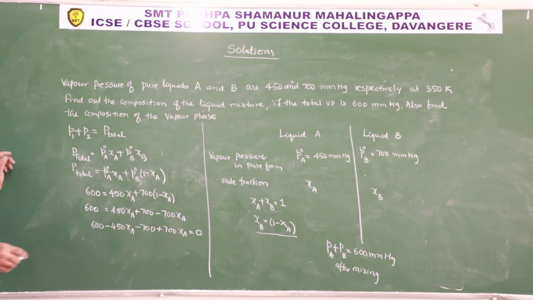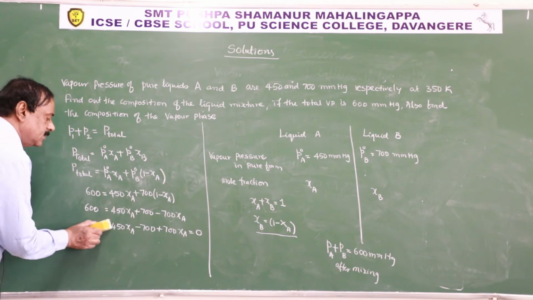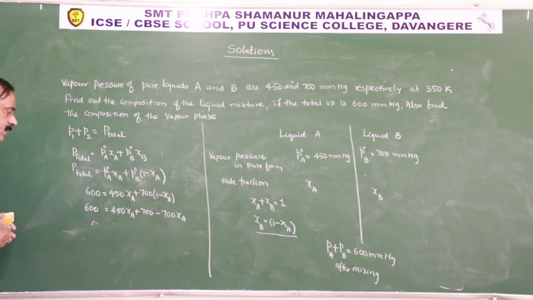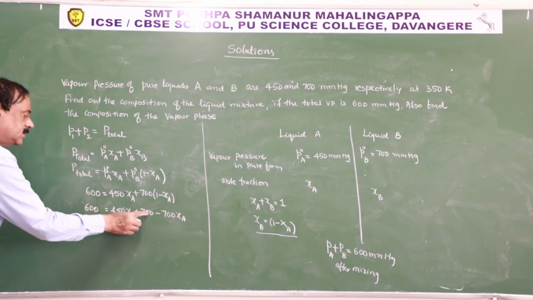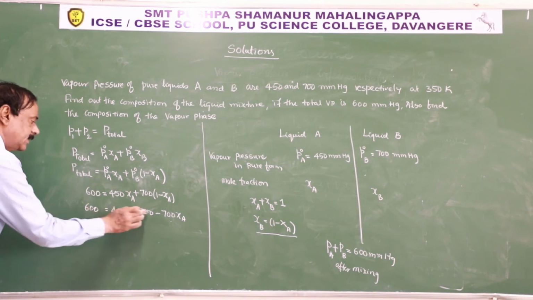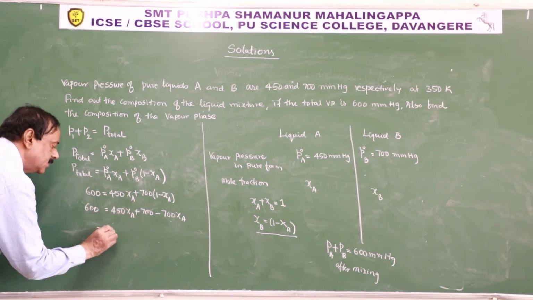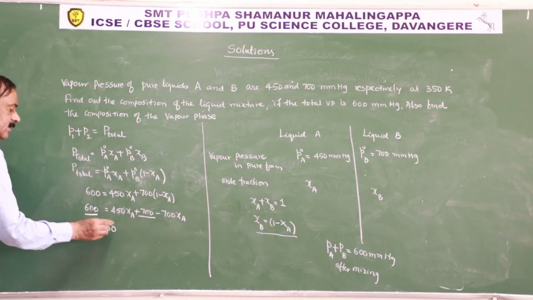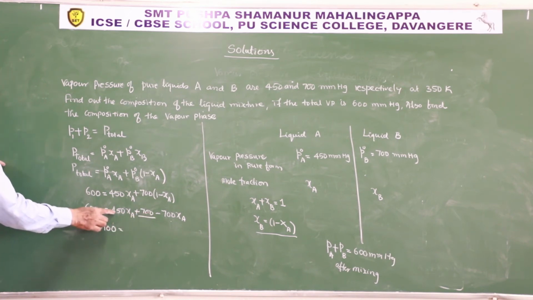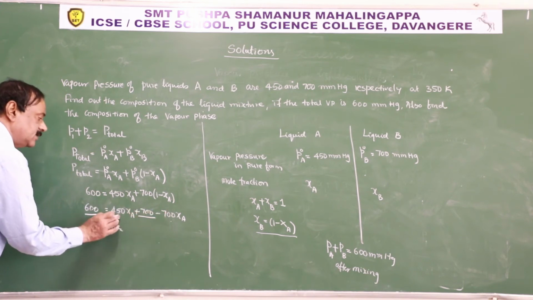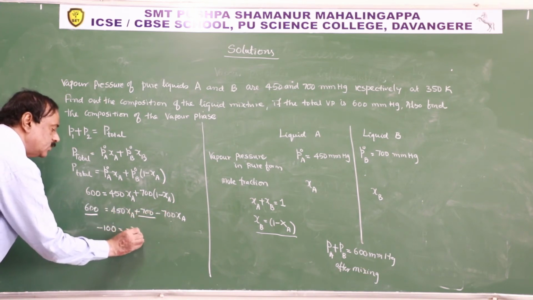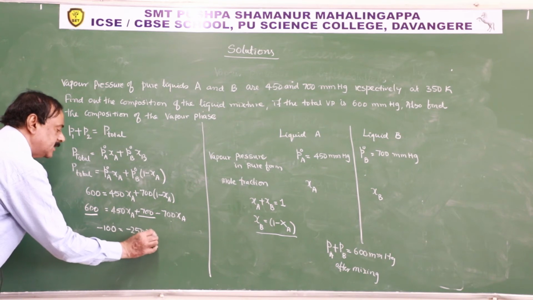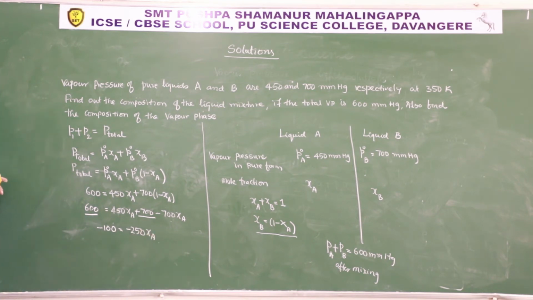It can be rewritten as 600 minus 700, which is minus 100, and minus 450 plus 700, which is 250, into XA.